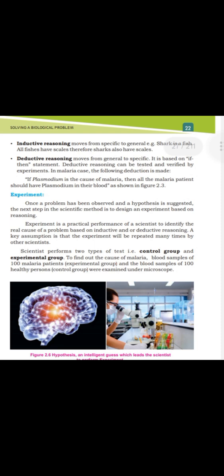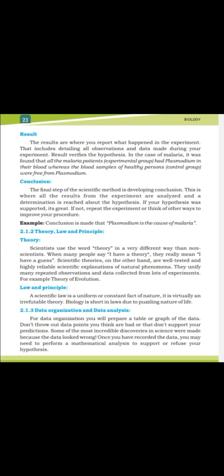So it was the experiment proving that only the malarial patients contain the plasmodium and are suffering from malaria, while the other group, that is known as the control group, is completely free from the plasmodium. So it was the experiment.